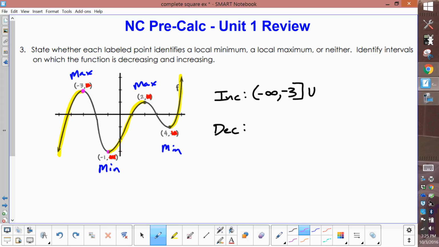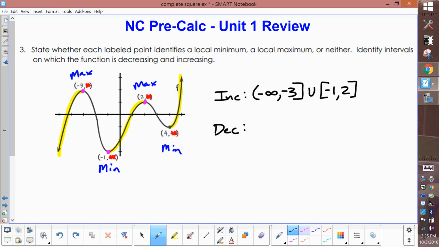Down here at the bottom, at an x value of negative 1 and all the way to an x value of positive 2, my graph also increases. So I would say close bracket from negative 1 to positive 2, close bracket.